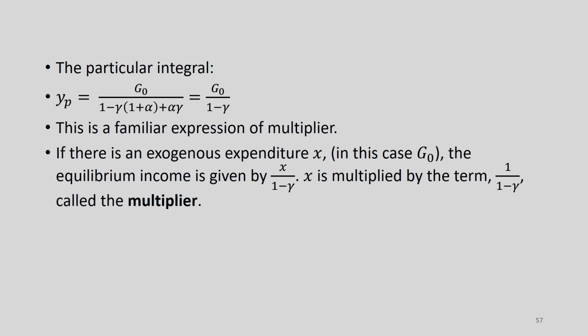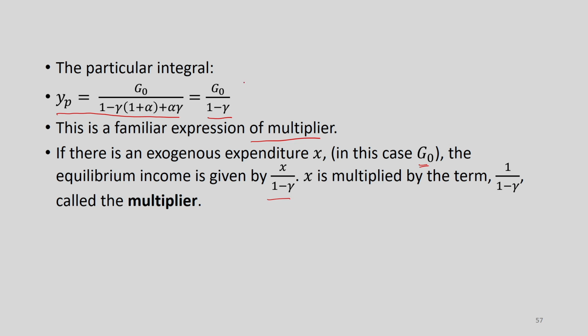First, we look for the particular integral. I am just skipping some steps. So, y_p, the particular integral, is found out to be G_0 divided by 1 minus gamma. This is a familiar expression of the multiplier. If there is an exogenous expenditure x, in this case that x is G_0, the equilibrium income is given by x multiplied by 1 divided by 1 minus gamma.